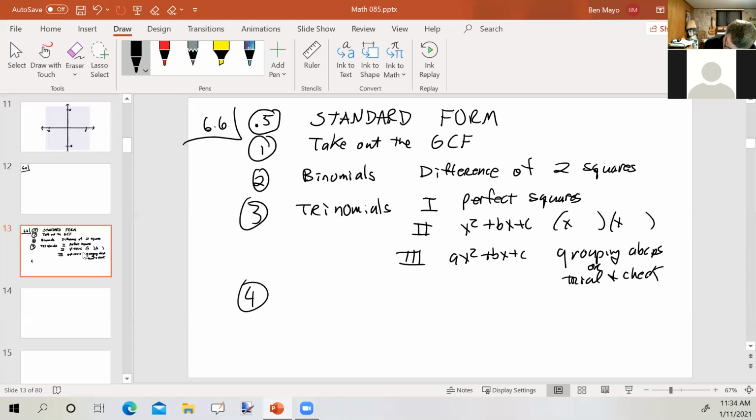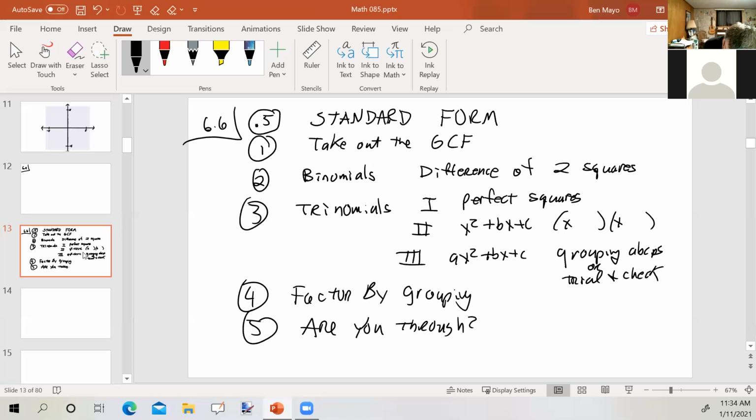And then 4 is factor by grouping. 5 is run through, and 6 is check your work.